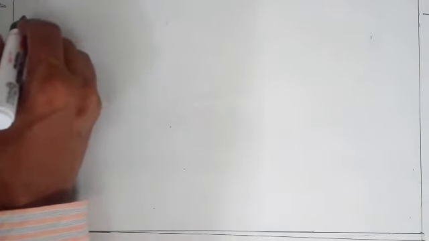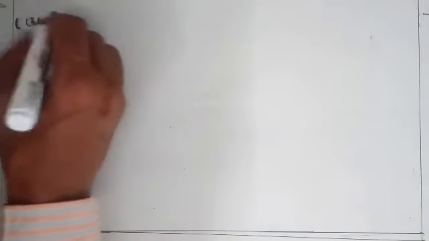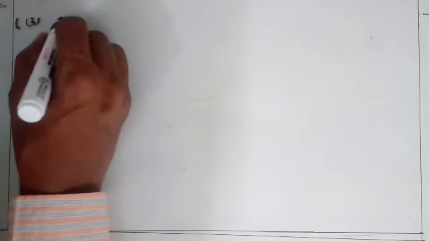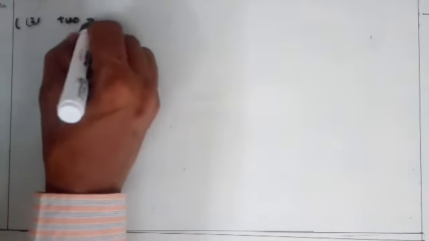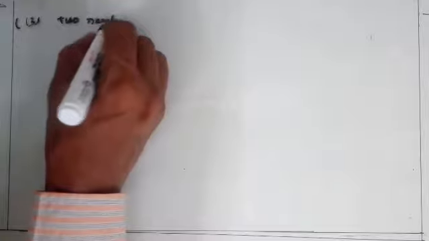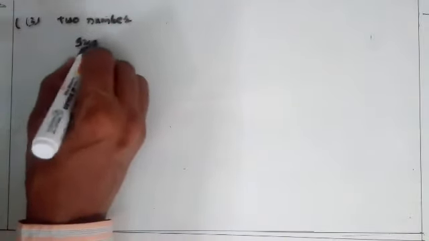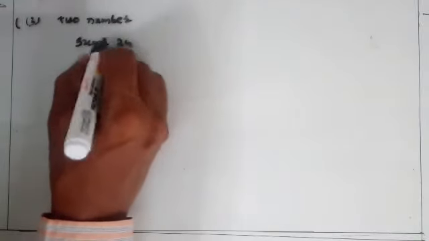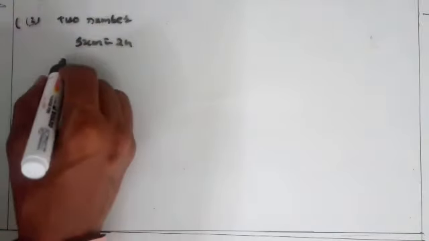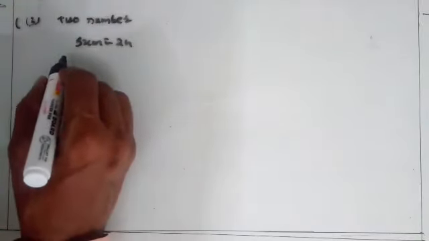Question number 13. Find the two numbers whose sum is 24 and the product is as large as possible.